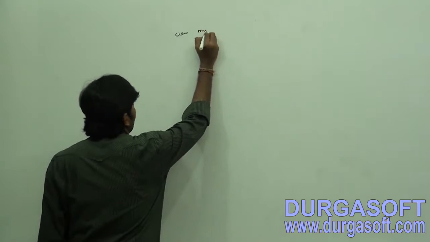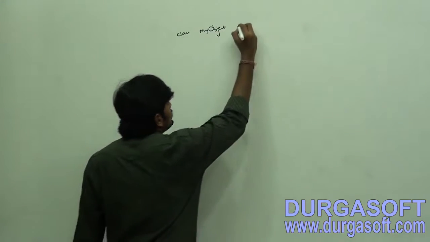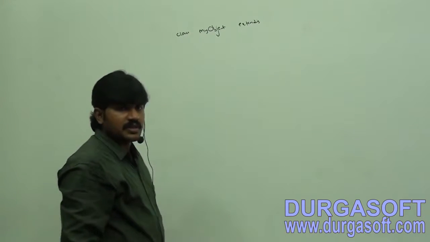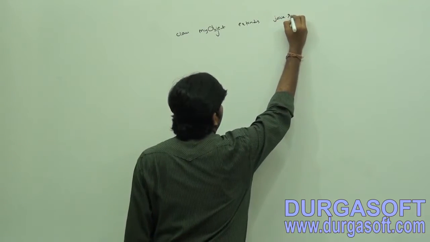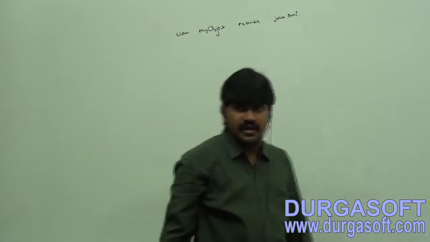Next, case 3. This case is also very important. Observe this one. Sir, I am taking here: class MyObject extends java.rmi.server.UnicastRemoteObject. The RMI package is there, right?